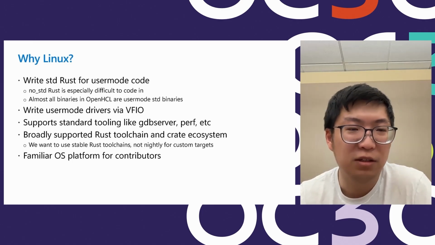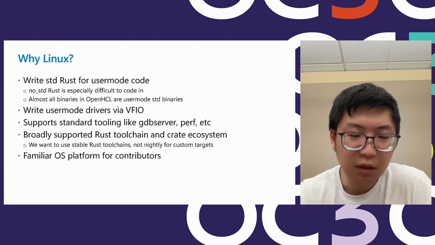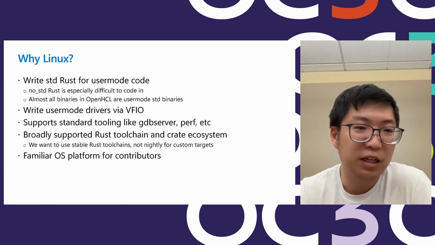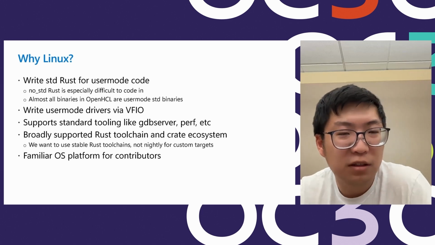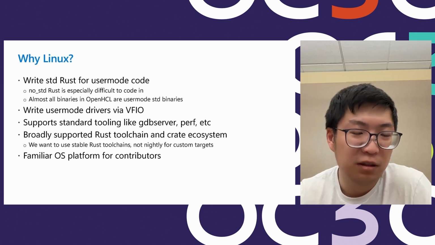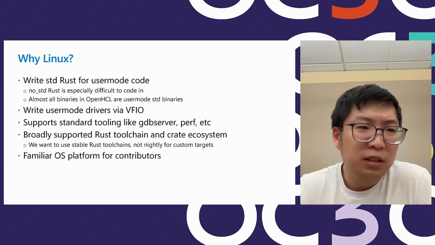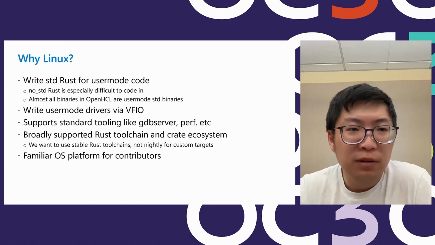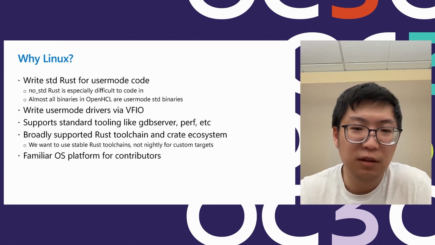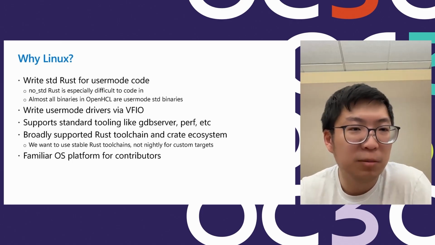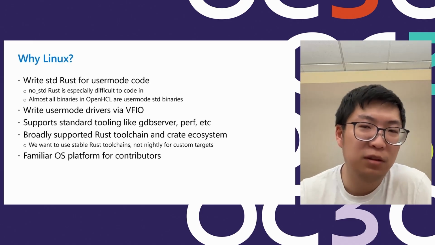You have access to file systems and threading, etc. Whereas no standard means you're a freestanding binary. You don't have an operating system that you can call for, say, networking or threading or synchronization. And the key point is that no standard Rust, while powerful, is difficult to code in. You don't have all these different services that an operating system would normally provide. So you kind of have to write it yourself.